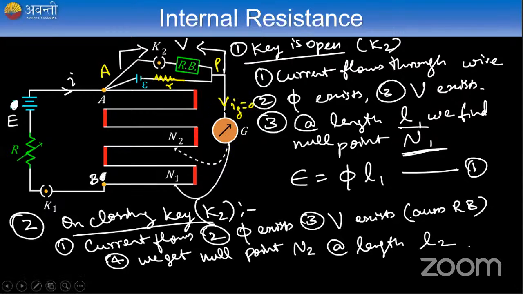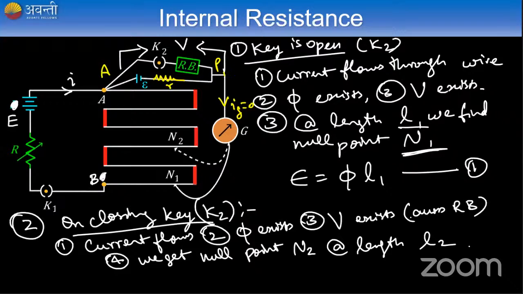How many did not understand this? Hope everyone got this. See, when my galvanometer current is 0, I'll find a null point N2.